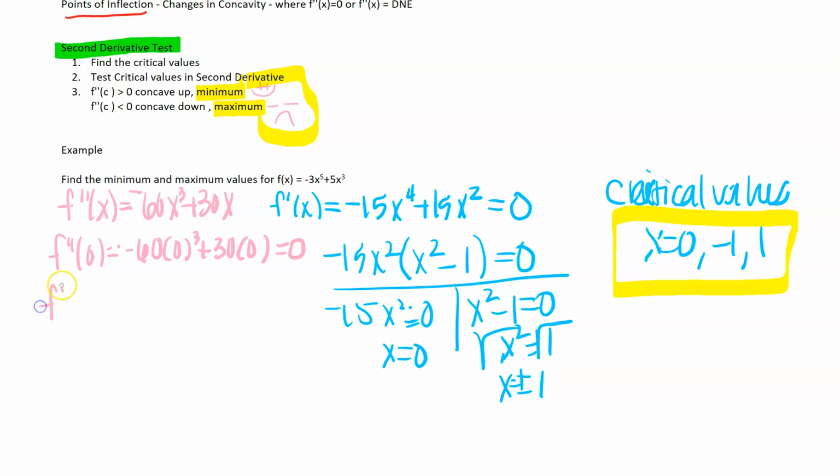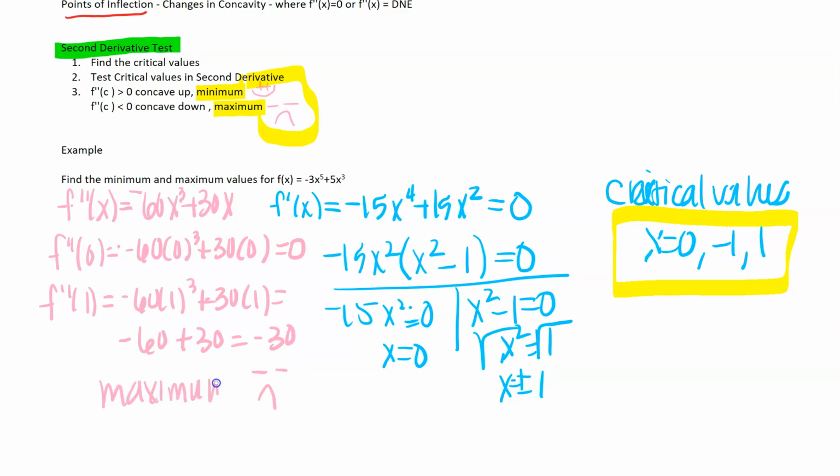If I go to f double prime of 1, that gives me negative 60 times 1 cubed plus 30 times 1. So that gives me negative 60 plus 30, which is negative 30. And so because it's negative, I'm going to think about my smiley face there, I know that I'm going to have a maximum value at x equal to 1.